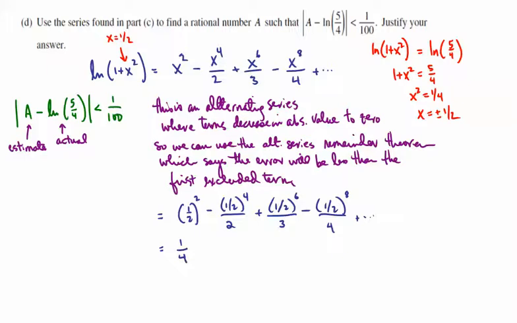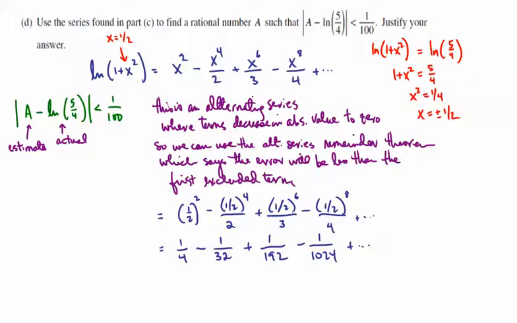That's going to be 1/4. 2 to the 4th is 16, then that's going to be minus 1 over 32. Then 2 to the 6th power is 64, 64 times 3, so 1 over 192 would be the next term. And 2 to the 8th is 256 times 4 is 1024, so that would be 1 over 1024.